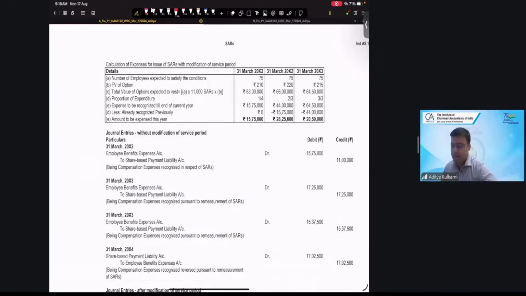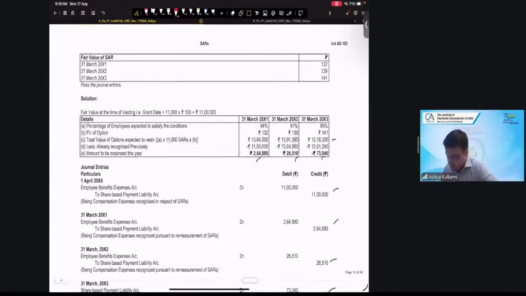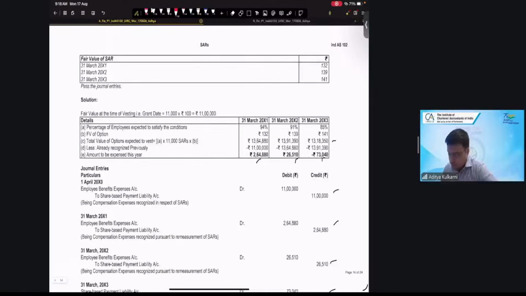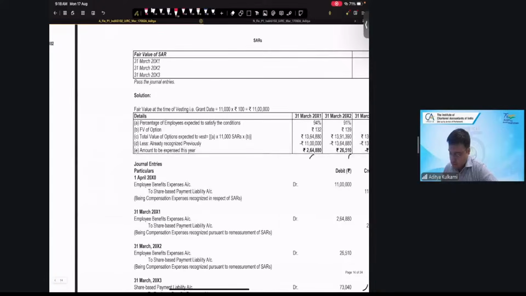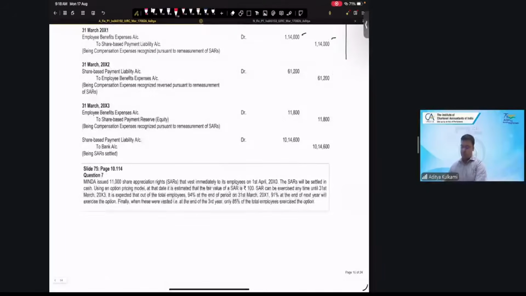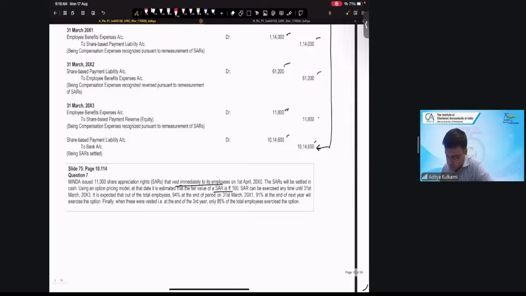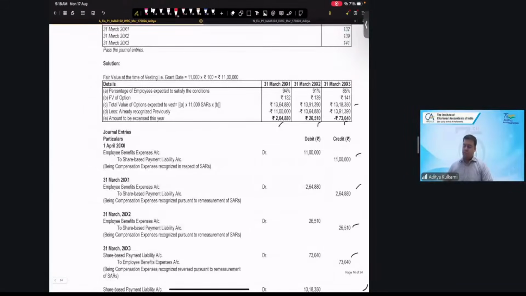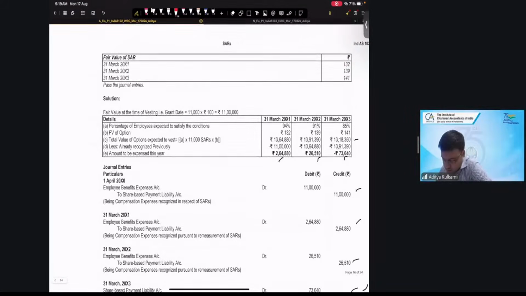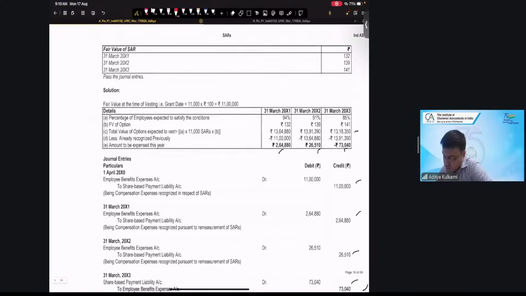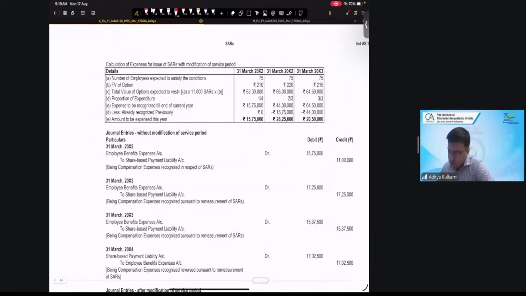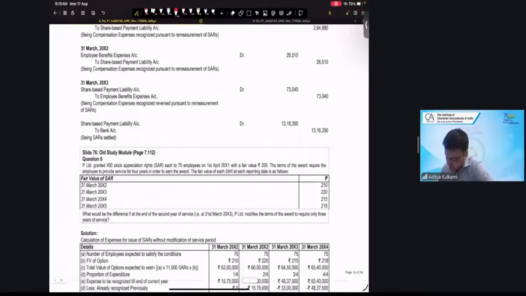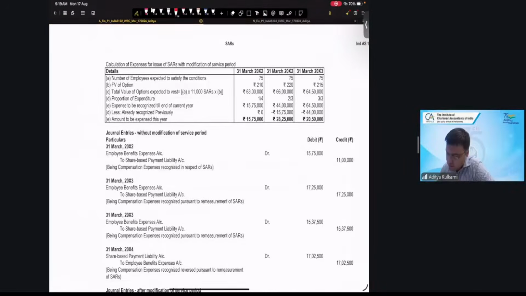Now suppose they say that we will modify at the end of the second year. Now 75 employees are expected to fulfill, fair value 210, 220, 215.